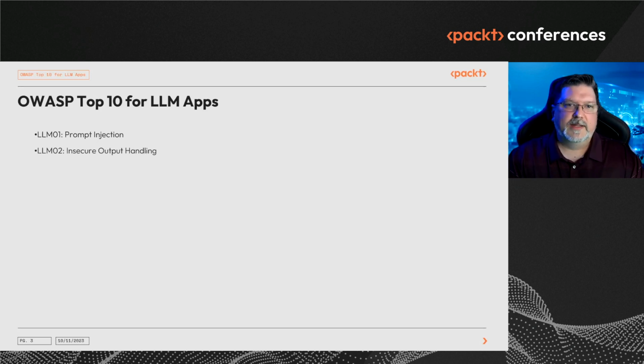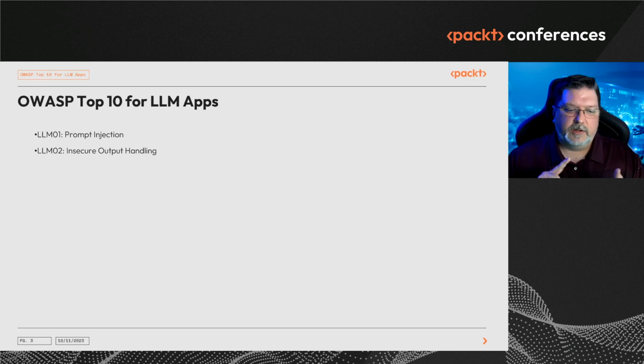Second to prompt injection is insecure output handling. If the prompt is where we're inserting our instructions to the language model, then the output is what happens after that. I'm sorry, let me go back real quick. Preventing prompt injection: you're going to deploy two main types of techniques, and this is for both of these.